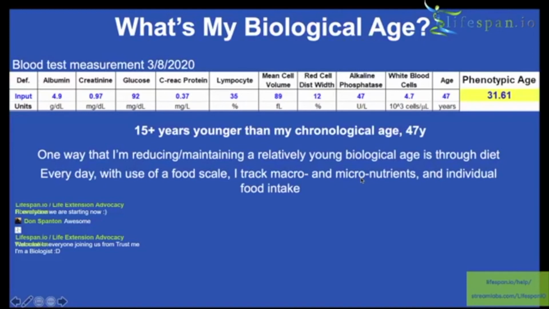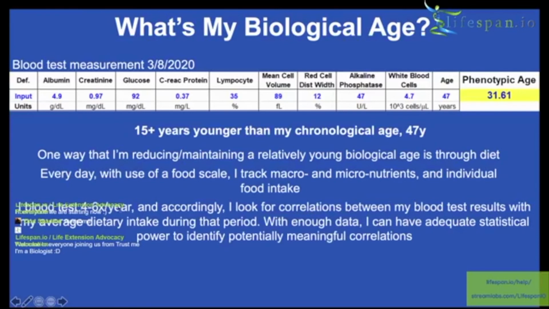I log it into an Excel file. And then over the past year or so, I started tracking actual food intake. So how much of each food that I'm consuming, because to just break down food into macro and micronutrients, I may be missing a whole bunch of phytochemicals that may be optimizing certain biomarkers. So by looking at individual foods, it kind of accounts for that.